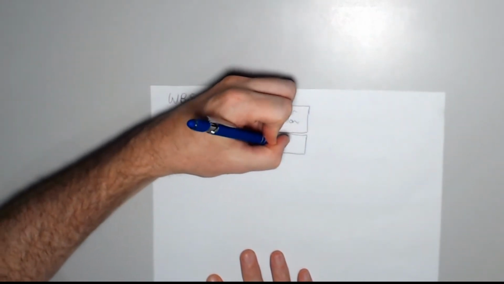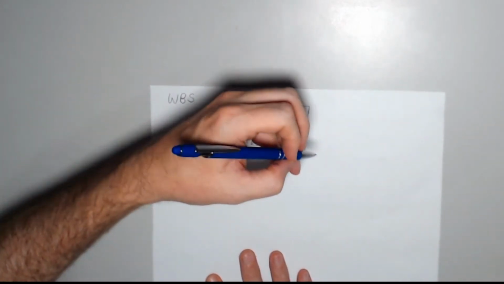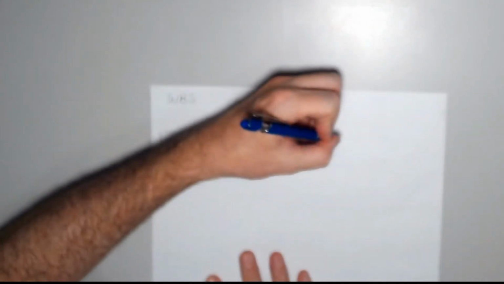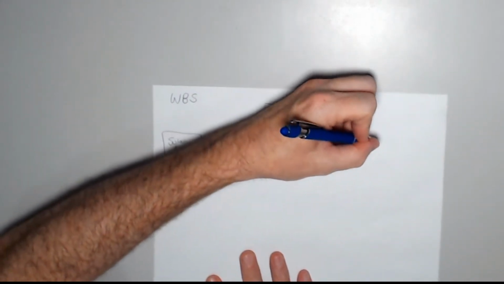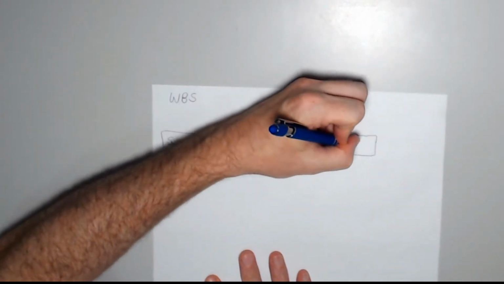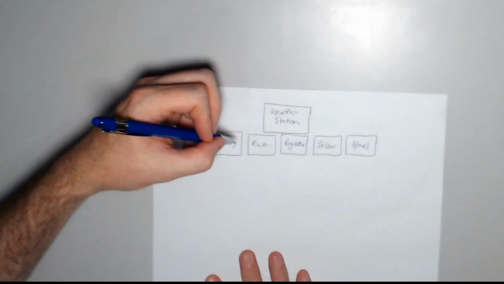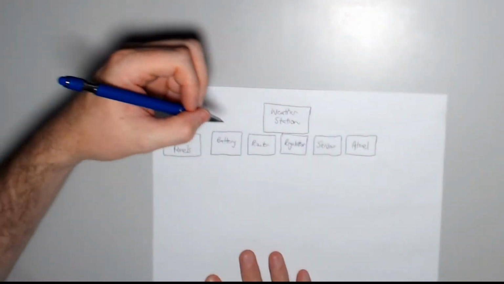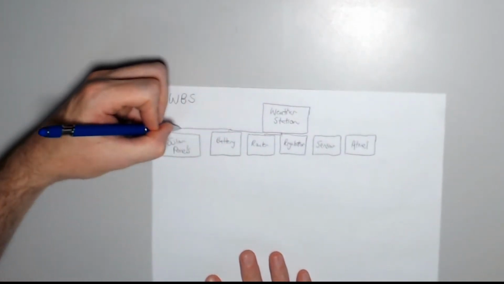There's also a charge regulator, solar regulator. We need our sensors. And we also need our microcontroller, and I'm calling that the Atmel. So we're doing the hierarchical work breakdown structure here. I'm going to connect these up. These all need to be done.